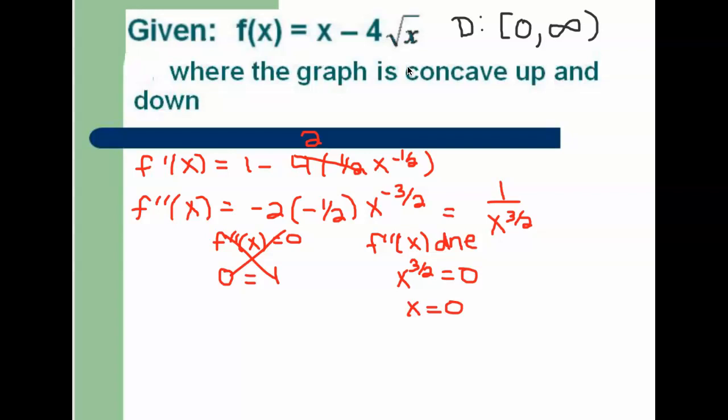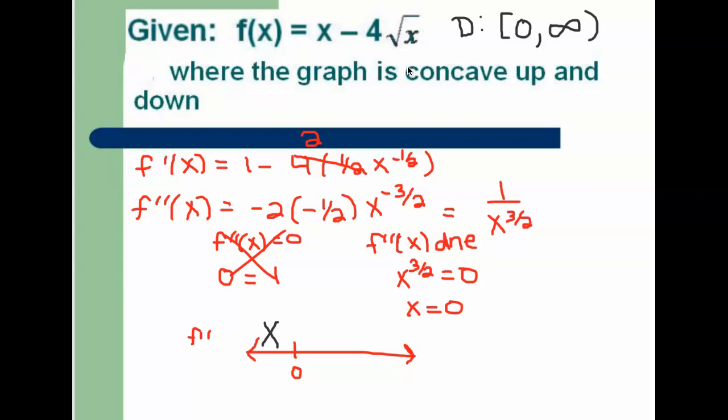So let's continue to investigate. We're going to make our number line, and we know on our number line for f double prime that 0 is a critical point, but we also know that nothing exists to the left of 0. So I don't have to worry about plugging a number in to the left of 0. I do, however, have to worry about plugging a number in to the right of 0.